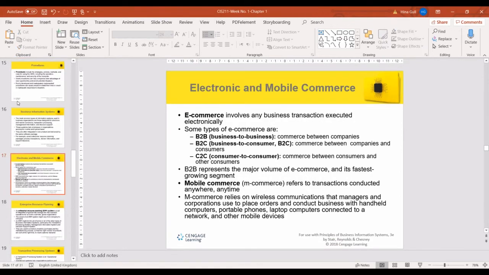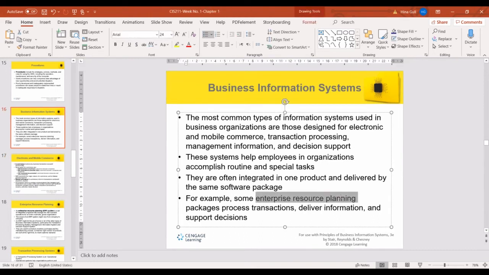Okay, anyhow, I hope. Doctor, can you repeat point number 3? For example, some enterprise resource planning packages process transactions, deliver information, and support decisions. So these come under enterprise resource planning, and our university has this ERP. If the university wants to purchase computers for all departments, there must be a system to keep the record of everything.